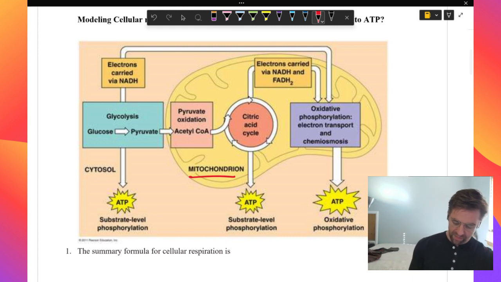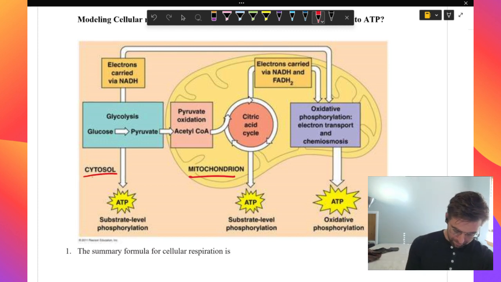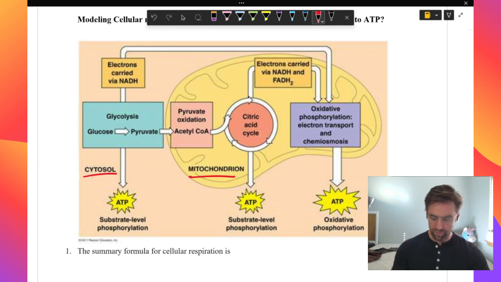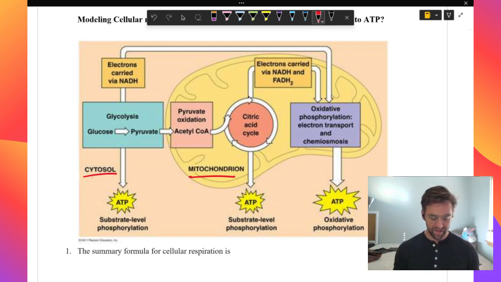So we have our mitochondrion as this kidney bean shaped thing here in this particular representation. And around it in this peach color, we have the cytosol, which you'll remember is the fluid inside the compartment of the cell.